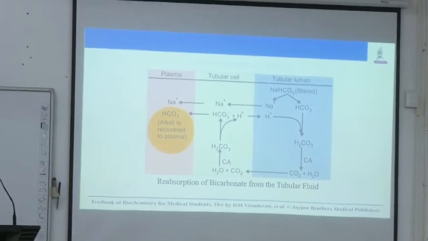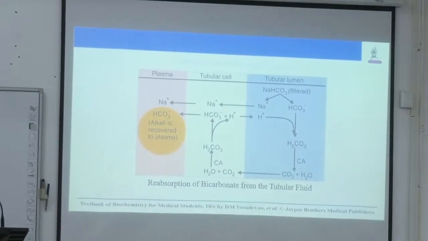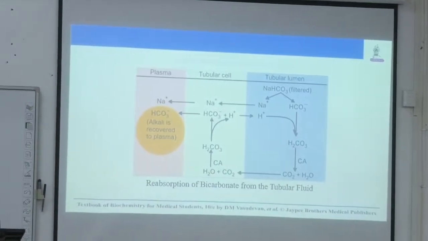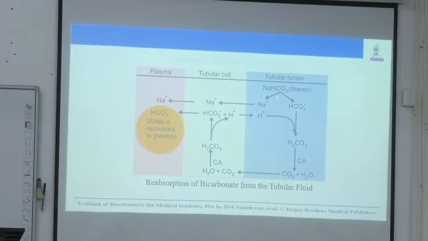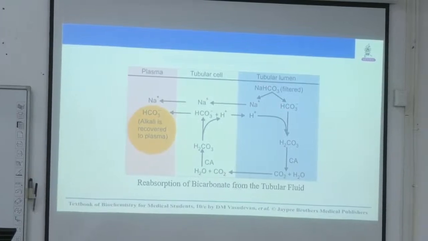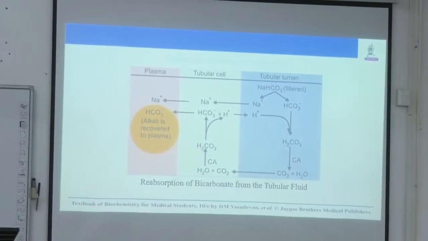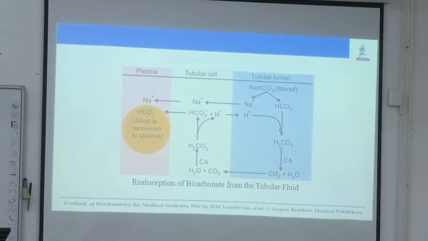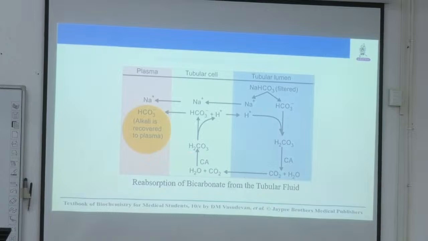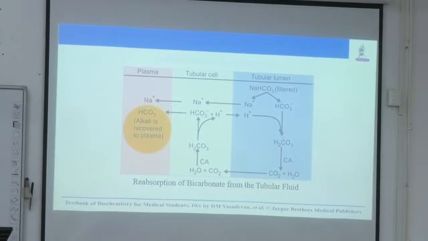Second, that is reabsorption of bicarbonate. See, bicarbonate is here. Sodium is absorbed, bicarbonate is forming H2CO3, CO2. CO2 is entering here into the PCT cell. Again, it is forming bicarbonate, and this bicarbonate is absorbed.